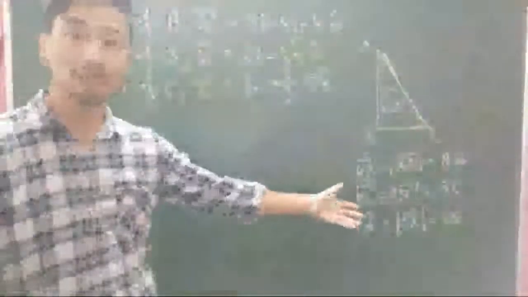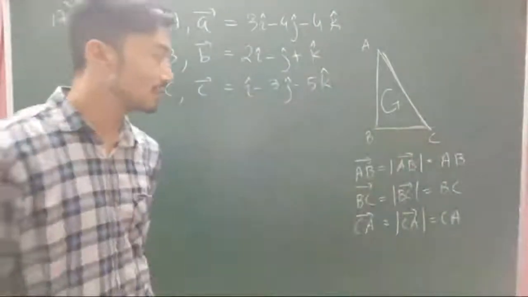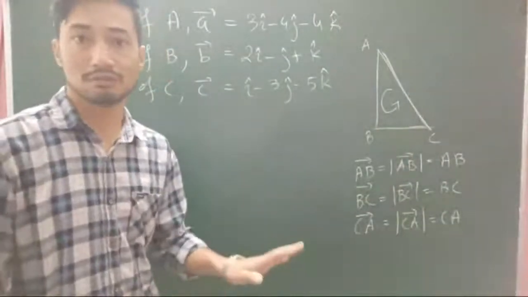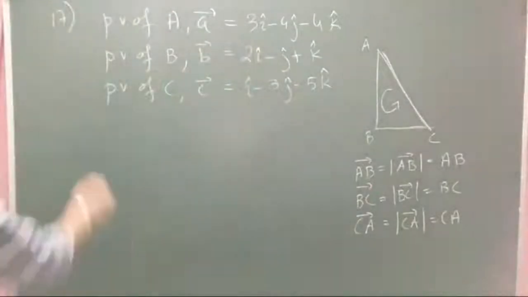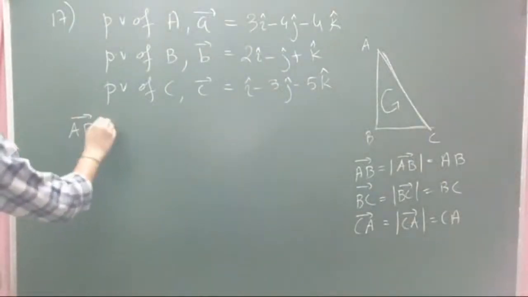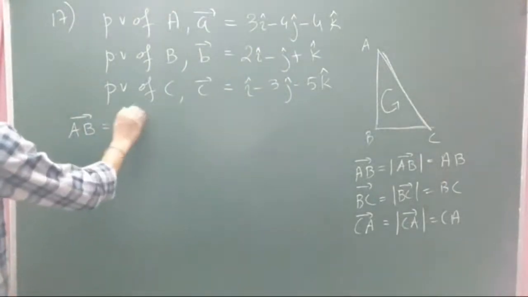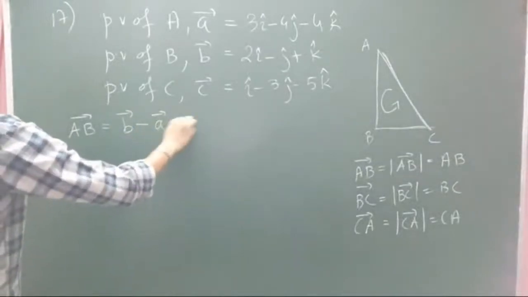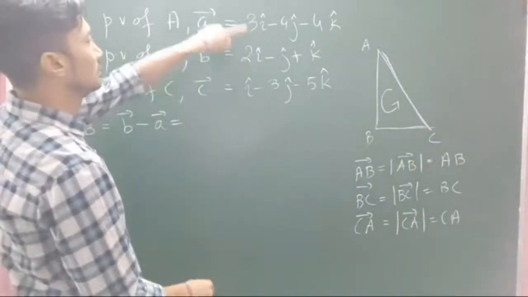So let's find out that, because once we have the sides, we'll have to just juggle ourselves and prove the Pythagoras theorem. So let's find out AB. So AB will be position vector of B minus position vector of A. So I'm going to do it directly.